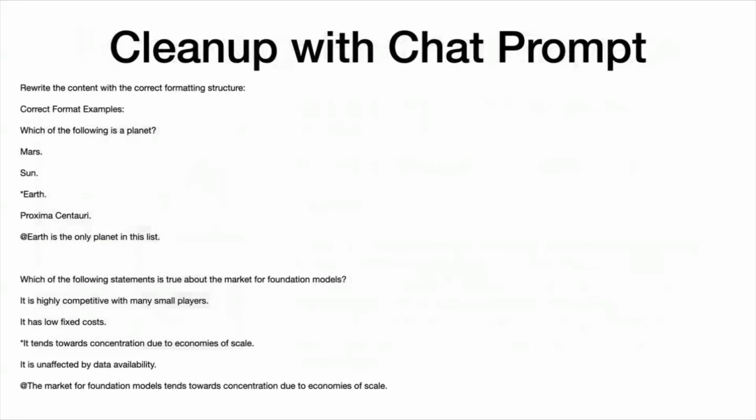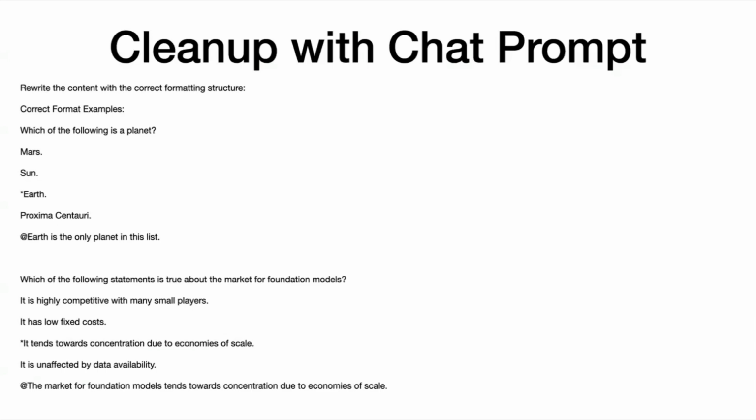Or, this is simpler, asking a large language model to clean up the output. So here, this is a simple prompt that says, rewrite this content following this formatting structure. And we're giving those same 2 examples.